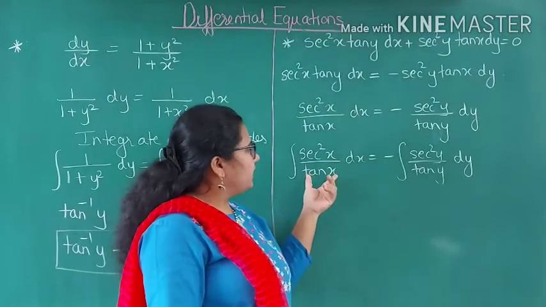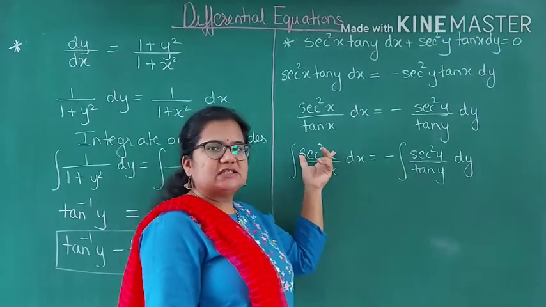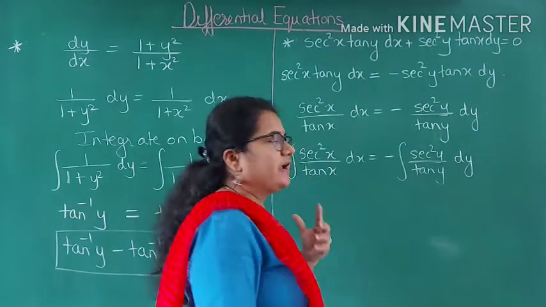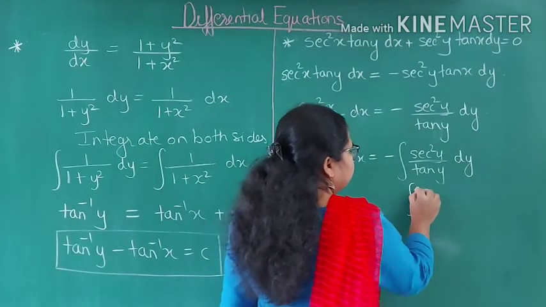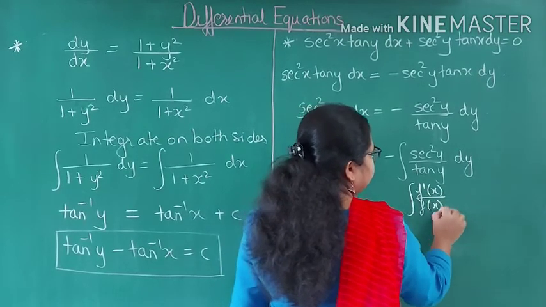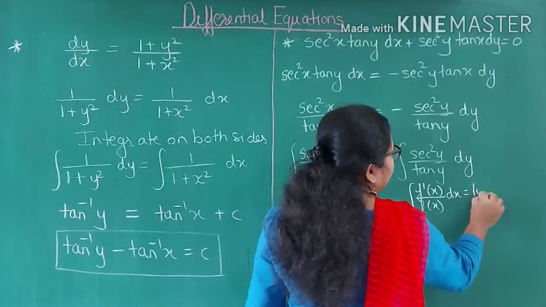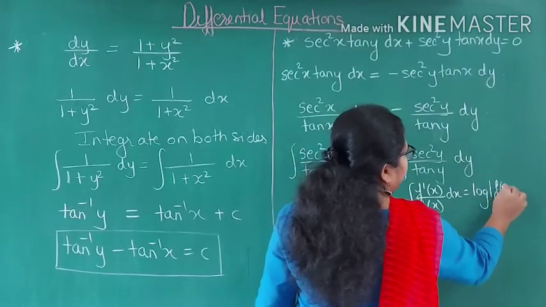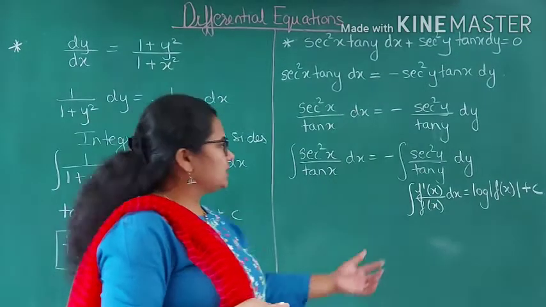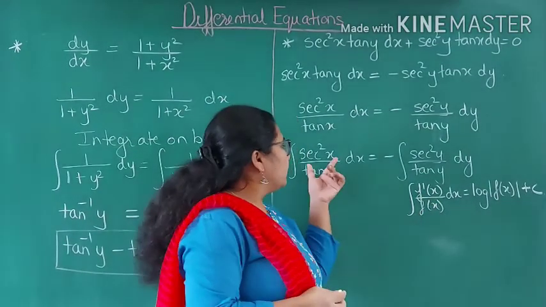If you remember, the derivative of tan x is sec square x, and the derivative of tan y is sec square y. So if you remember this, integration of f dash of x upon f of x dx is equal to log of f of x plus c. We have studied this. So this formula or corollary we are going to use here.